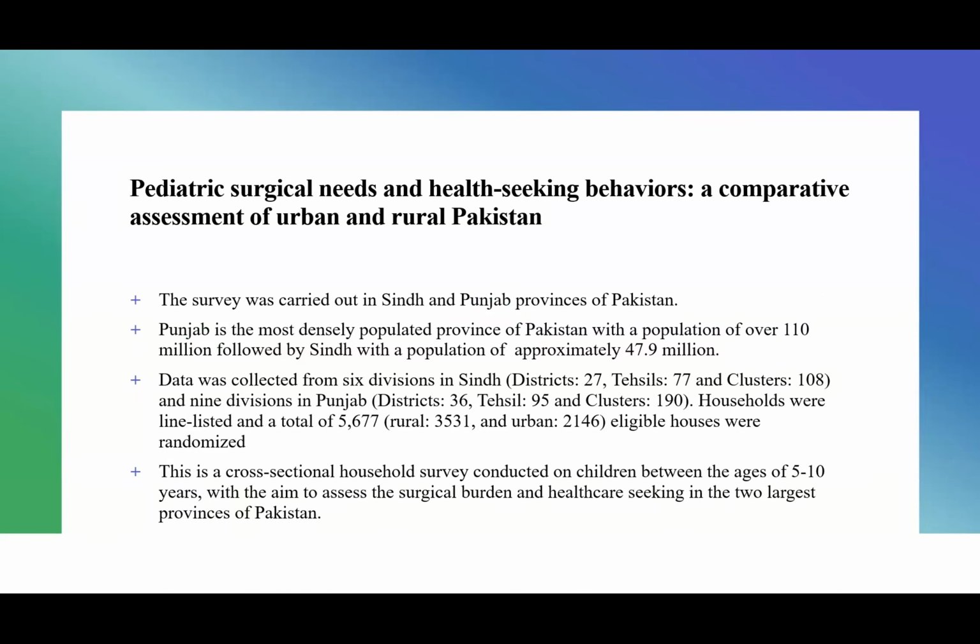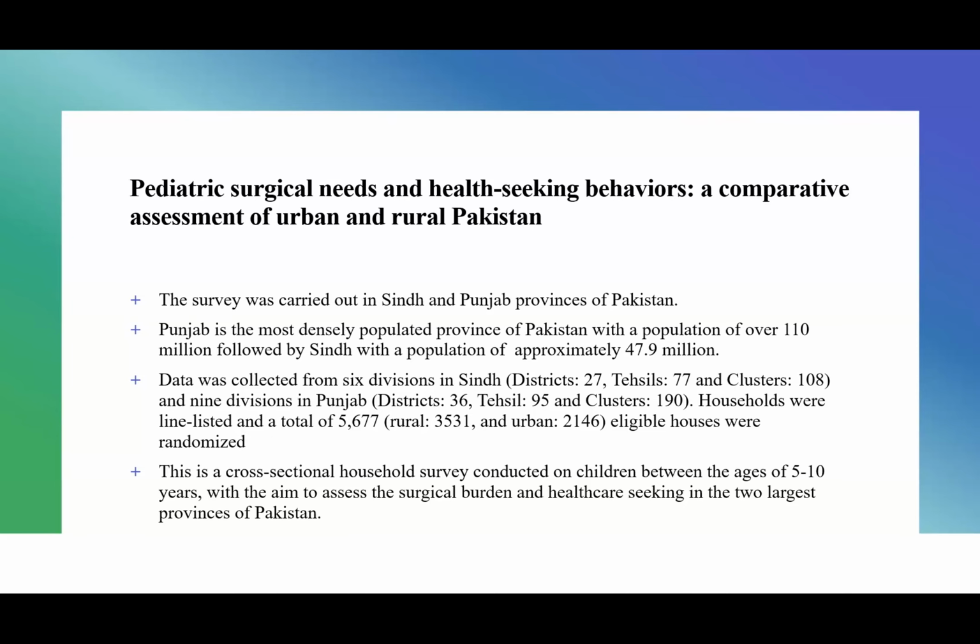It is under process. That study is titled Pediatric Surgical Needs and Health Seeking Behaviors, a Comparative Assessment of Urban and Rural Pakistan. This survey was done in the 2 large provinces, Sindh and Punjab. Punjab is the most densely populated province of Pakistan with a population of 110 million, followed by Sindh with a population of 48 million.